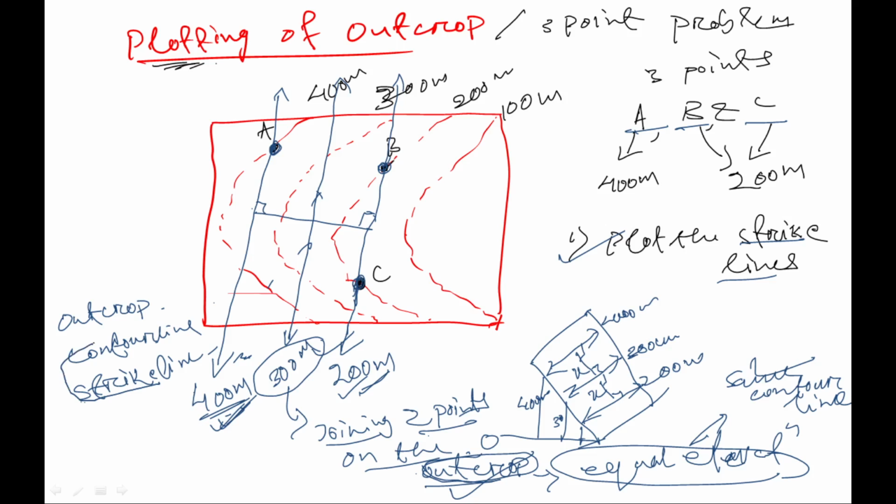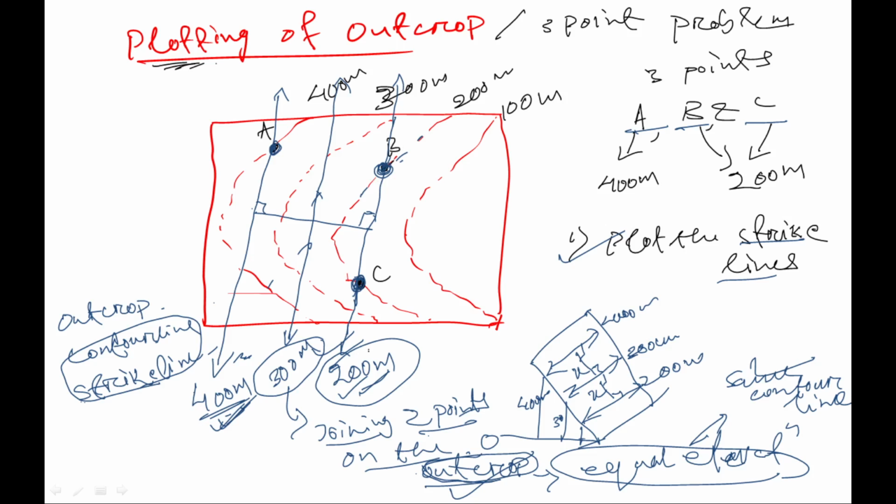When contour line and strike line are of equal value, like here you can see the contour line is 200-meter value, and the strike line is 200-meter value. So there are 2 points C and B which are the intersection of strike line and contour line.